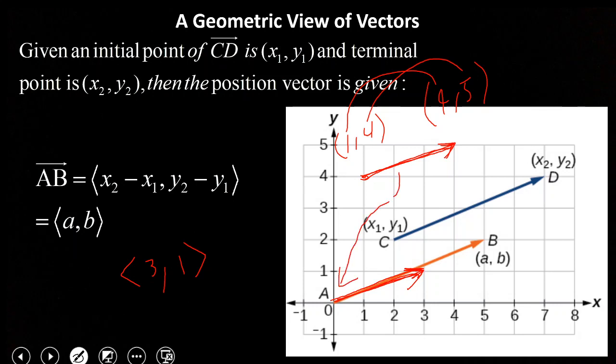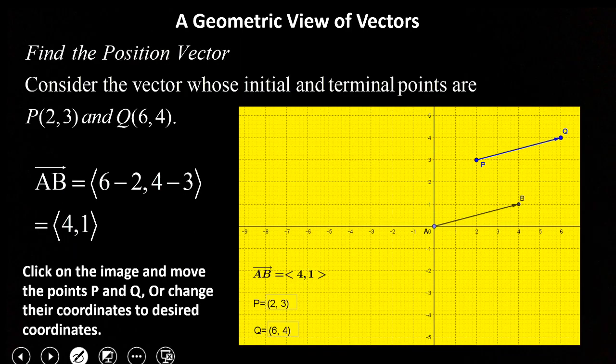If I have another vector here, I can also put that one over here. If I have a vector over there, I can put it here. So all the vectors can be organized with the initial point at the origin. That's what this does for us.